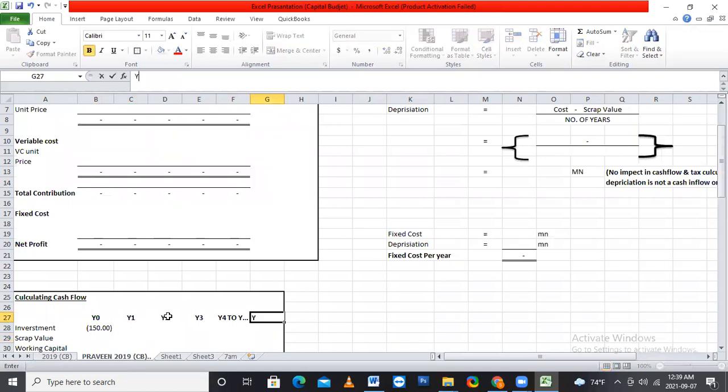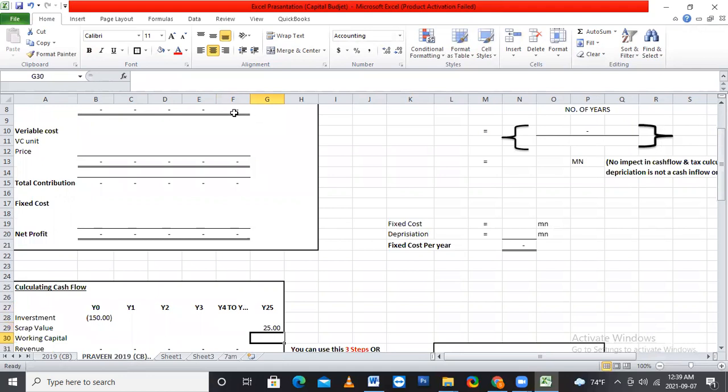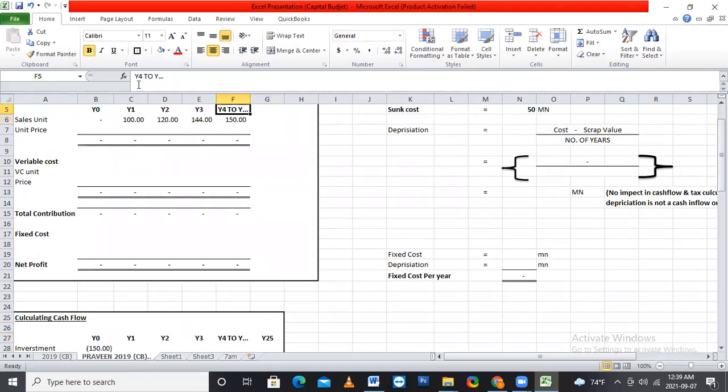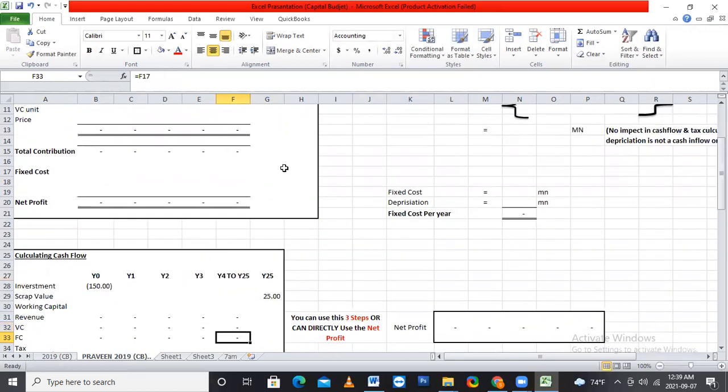The project life is also 25 years. We can't use the scrap value for year 2 or year 4 to year 25, because the scrap value is related only to year 25.